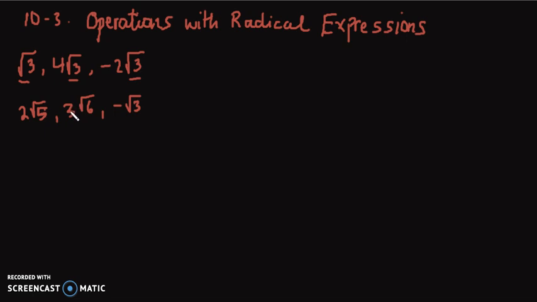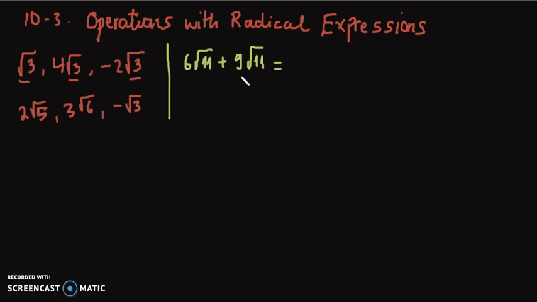So you can use the distributive property to simplify sums or differences of radical expressions by combining like radicals. So let's do some examples. I have 6 times square root of 11 plus 9 times square root of 11.